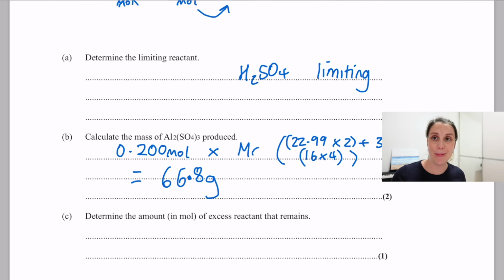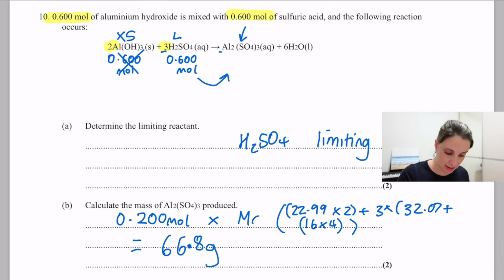It says, determine the amount in moles of excess reactant that remains. So my excess reactant is my aluminium hydroxide. So how much aluminium hydroxide is left over? So if I use my limiting reagent moles here, my sulfuric acid, and I go back this way, these are now in a 3:2 ratio.